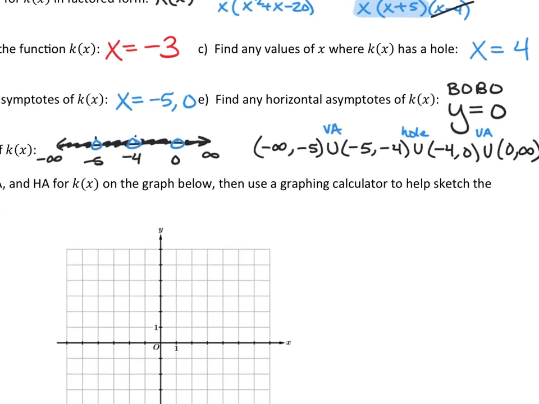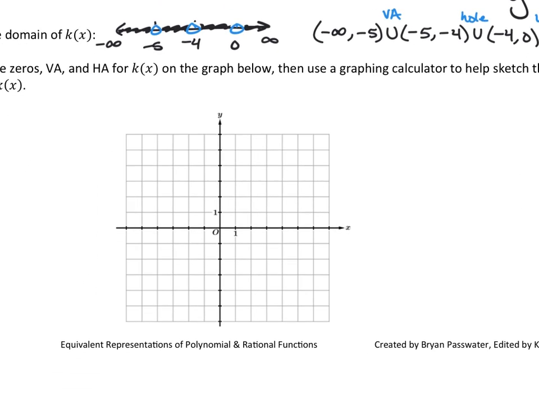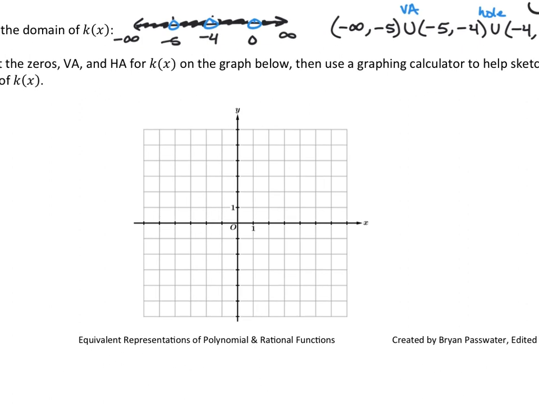So putting it all together and trying to pretty accurately graph this function, we have the following. First, we plot the zeros. Okay, well, we said the 0 is at -3. We plot the holes. We just hold on to the fact that at 4, 1, 2, 3, 4, we're going to have a hole in our graph. Hang on to that. We plot our vertical asymptotes.